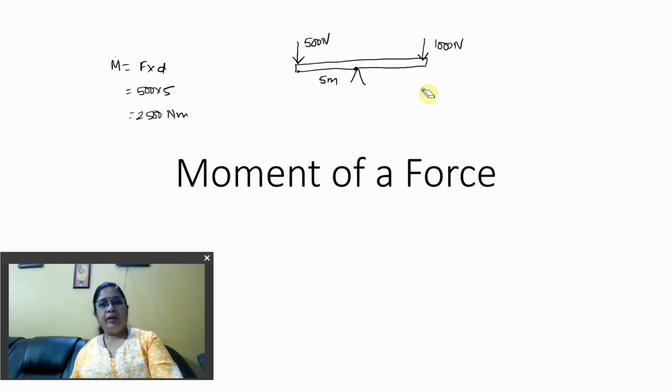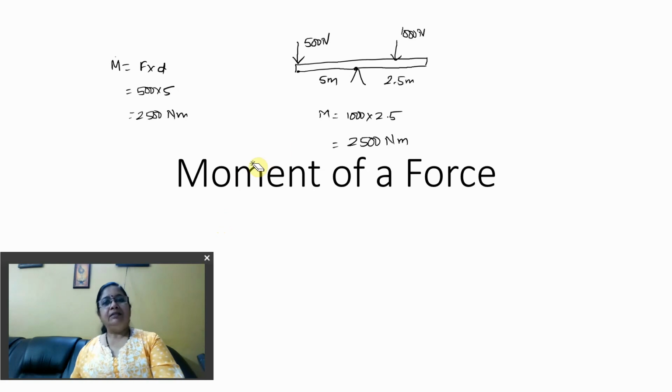So instead of your friend being here, your friend will have to shift to a distance of, let us say, 2.5 meters, and the force is the same 1000. So the moment of the force is going to be 1000 times 2.5, which is equal to 2500 newton meters.